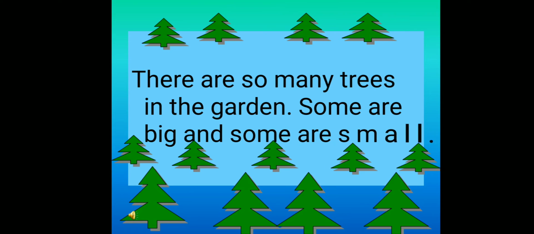Give a look at this picture. There are so many trees in the garden. Some are big and some are small. Now you have to count the total number of big trees and the total number of small trees.